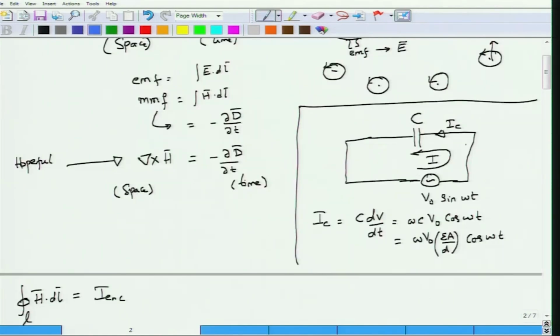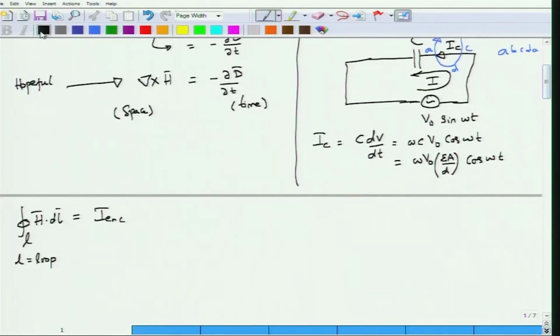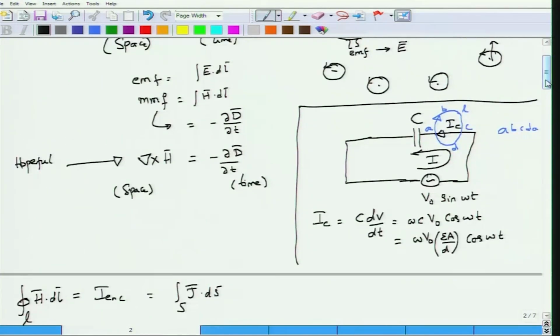So to this circuit I will consider a loop, call this A, B, C and D, and let us say the direction is chosen in such a way that you go from A, B, C, D to A. This is the loop that I am considering, and then for this loop I ask whether there will be a magnetic field, and the answer would definitely be yes, because the enclosed current can be written as the integral of J dot ds, where S is the surface enclosed by the loop.